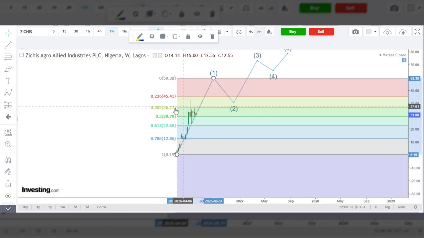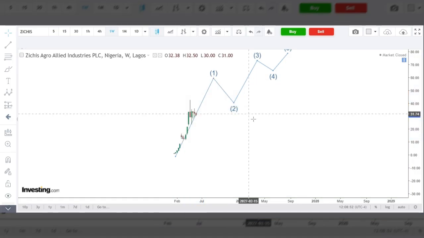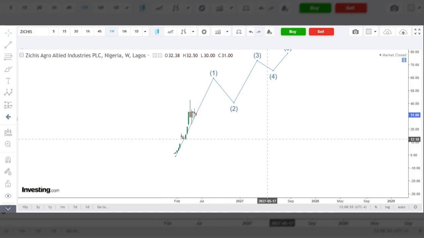If wave 2 retraces to this 35 naira area, then this is another good buying opportunity. That is going to be later in the future, maybe later this year or the end of the year, depending on how the market performs.